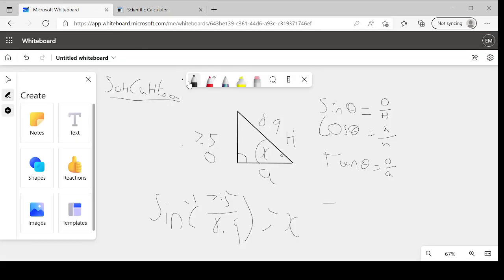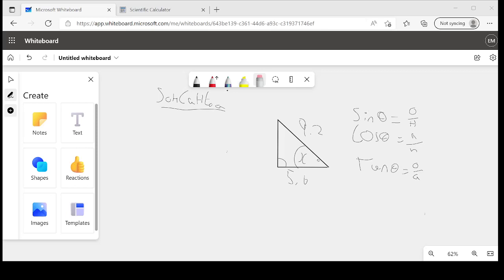Go back over and write x equals 57.43, and that's all we need to do. To find x, all you need to do is change sine, or whatever equation you're using, to sine to the minus 1, or whichever one you're using, and just put the side lengths in there, in the brackets, and that should give you your answer.